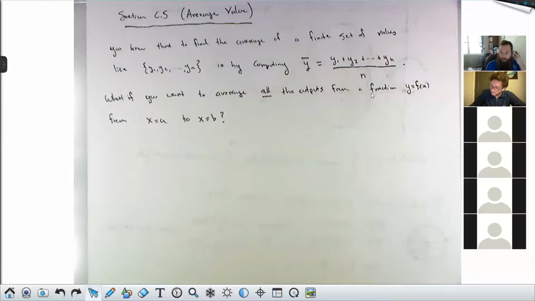That's the idea. And it turns out a very important idea in statistics. Also is surprisingly important in some engineering and physics fields.